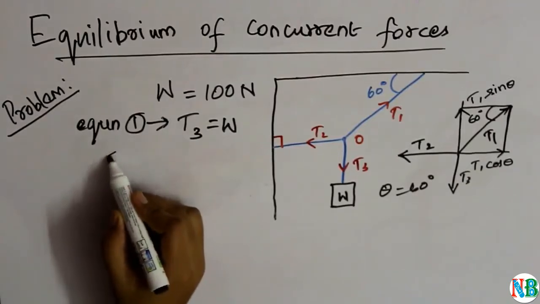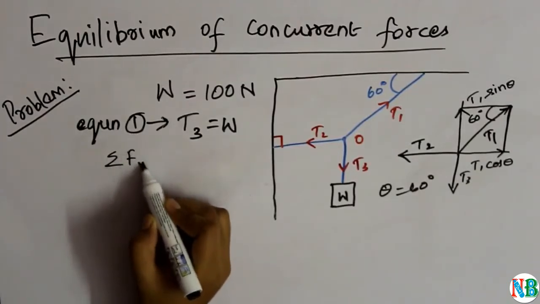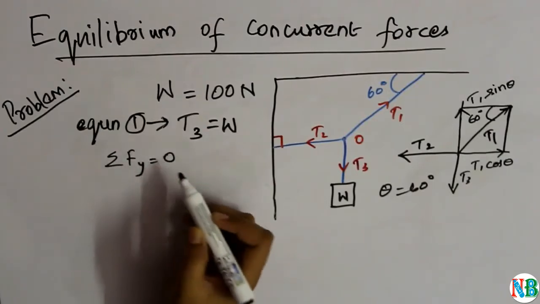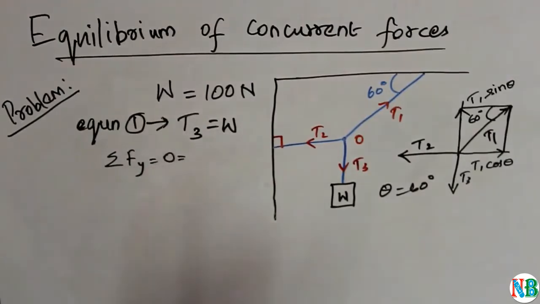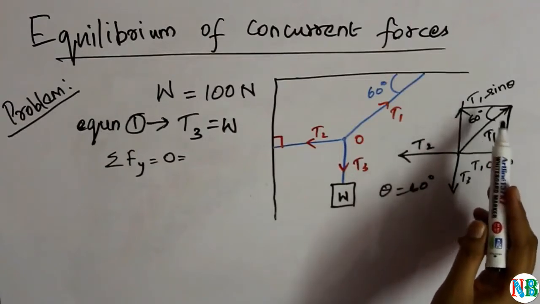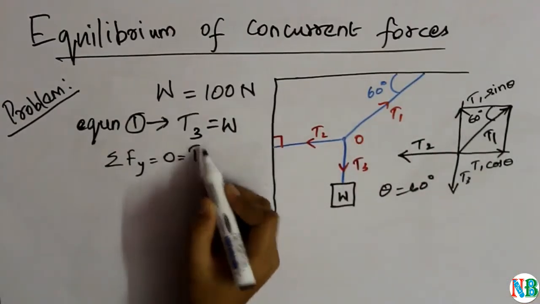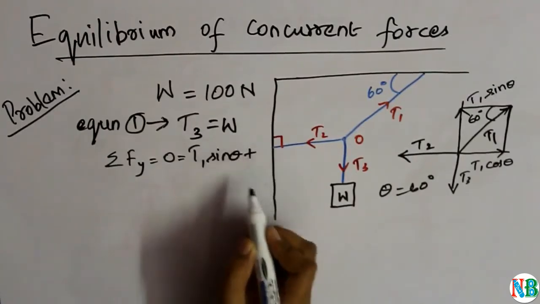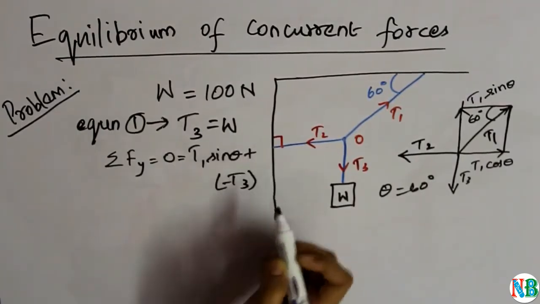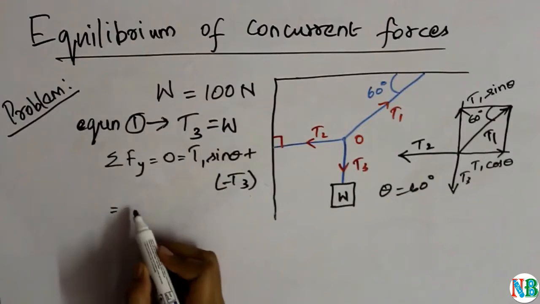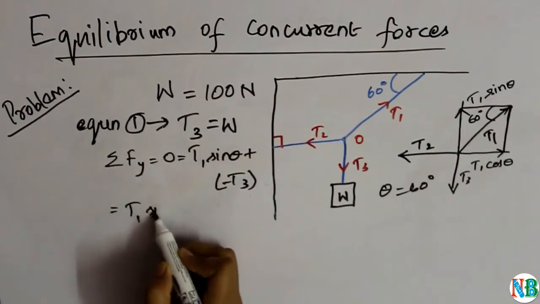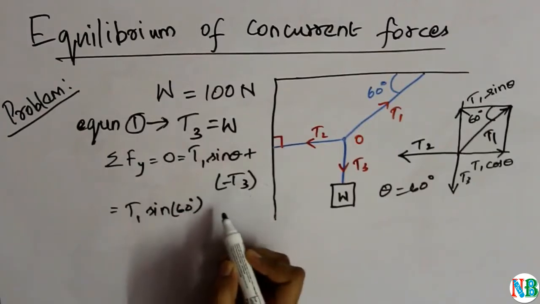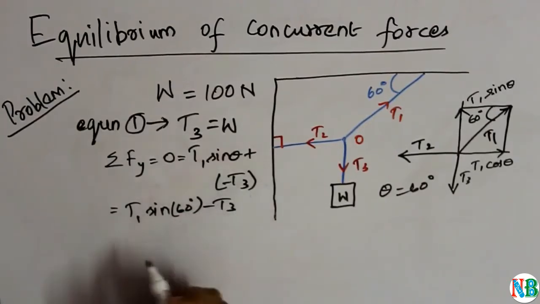We have already known that the summation of Fy, the vertical component equation, is 0, and here the vertical components are T1 sine theta minus T3. So we get T1 sine 60 degrees minus T3.